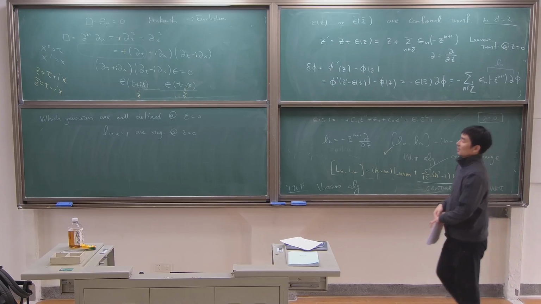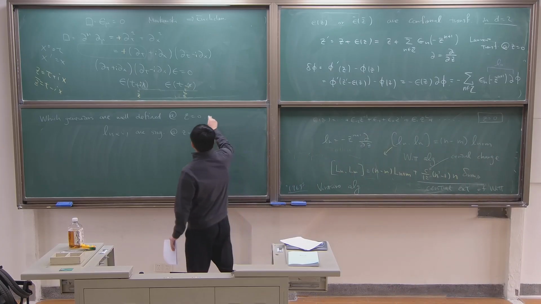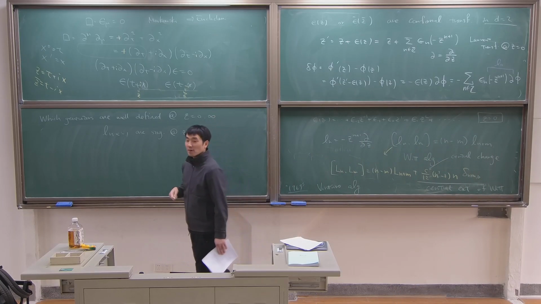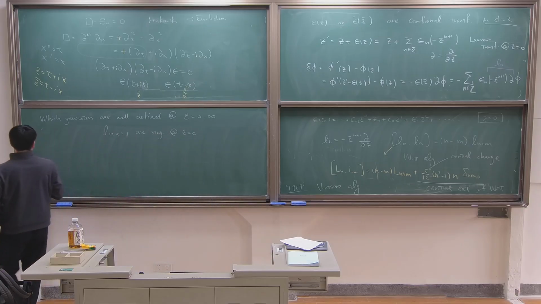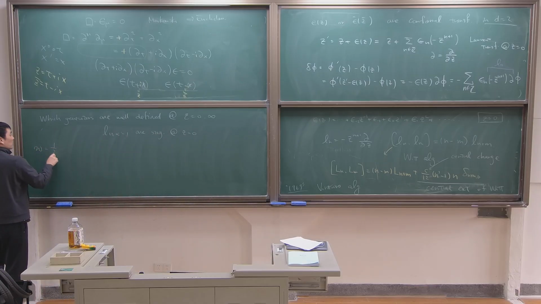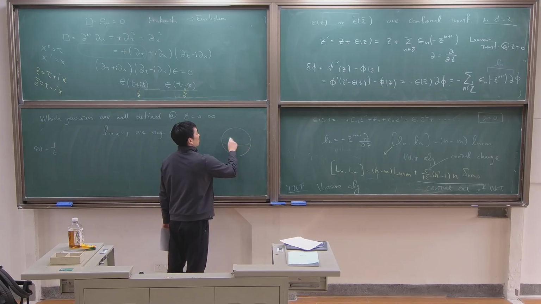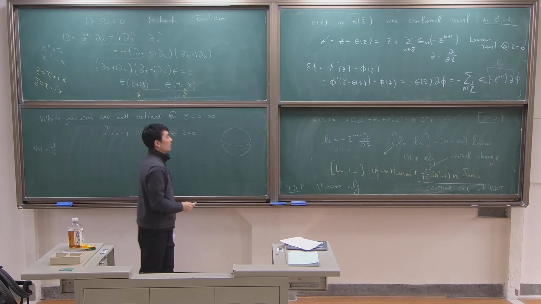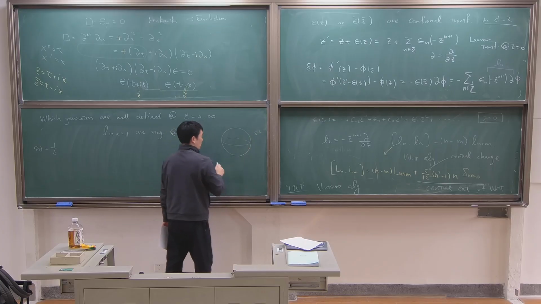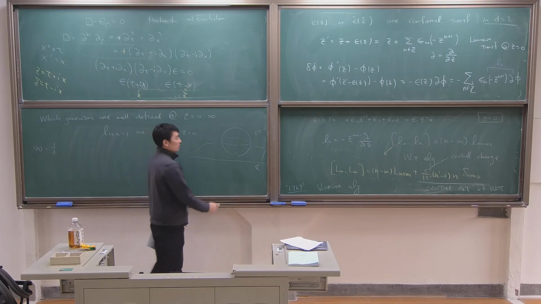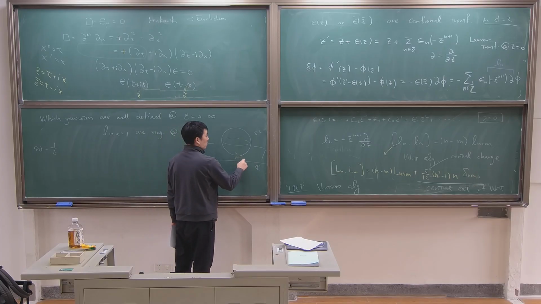Are you guys following? How about z equals infinity? Which generators are well defined at z equals infinity? To see that, it's better to do the following transformation. Essentially, what we are doing is the Riemann sphere, which is S2. This is a complex plane C, and z equals 0 is a good coordinate.